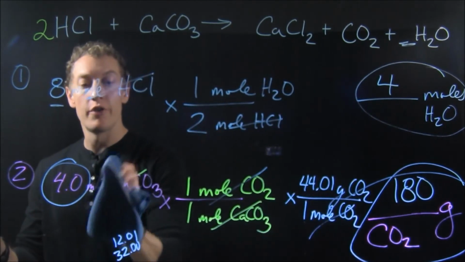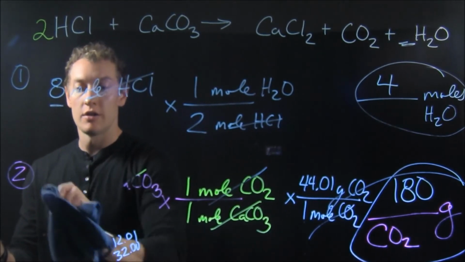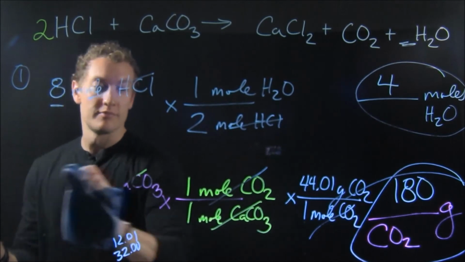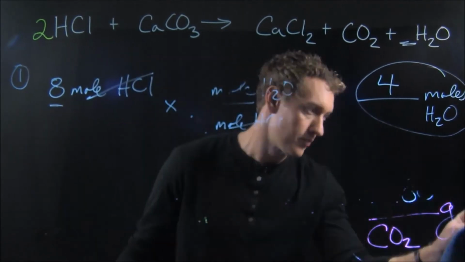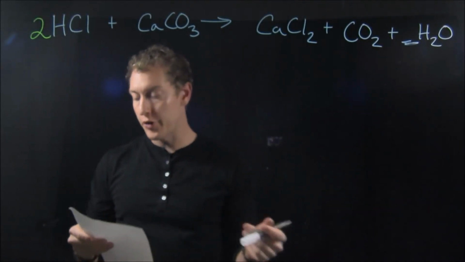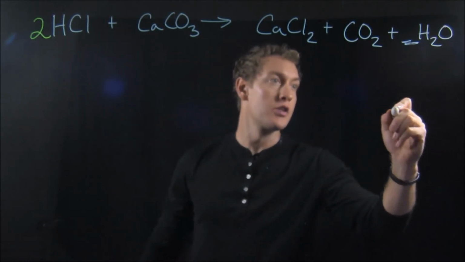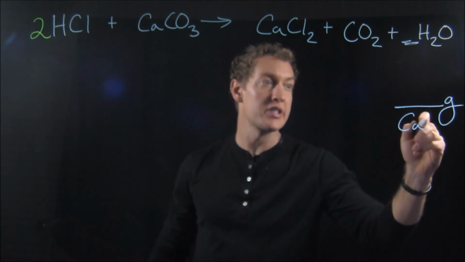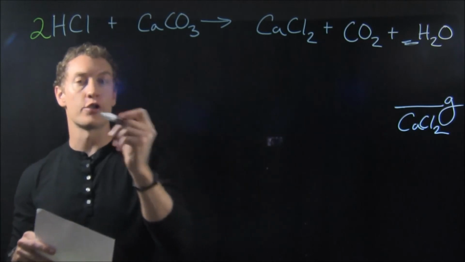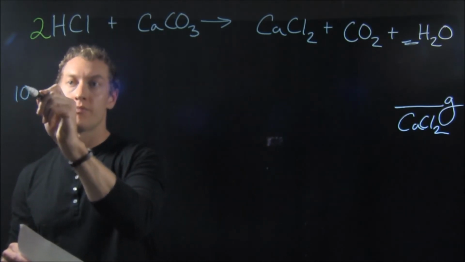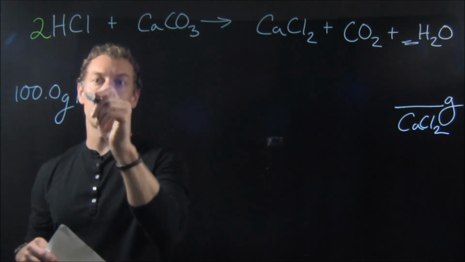And moving on, we can work out lecture example number 3. All right. Fast forward through this a little bit. Number 3 wants us to find the mass of calcium chloride. So that would be grams of CaCl2 that can be obtained from 100.0 grams HCl.